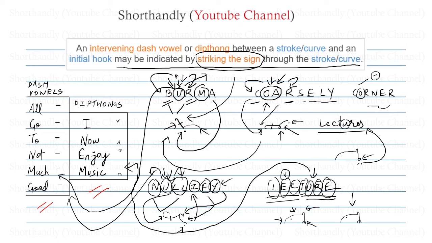Okay, so now we also have to represent this O vowel because it comes between this K curve and this R, which is the initial hook. So now we can simply represent this dash vowel like this. Alright, so this is our word corner. Alright, so this was the concept of this statement.